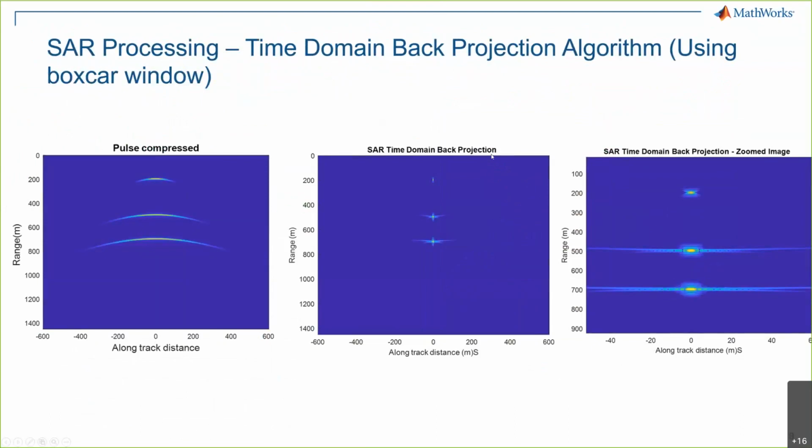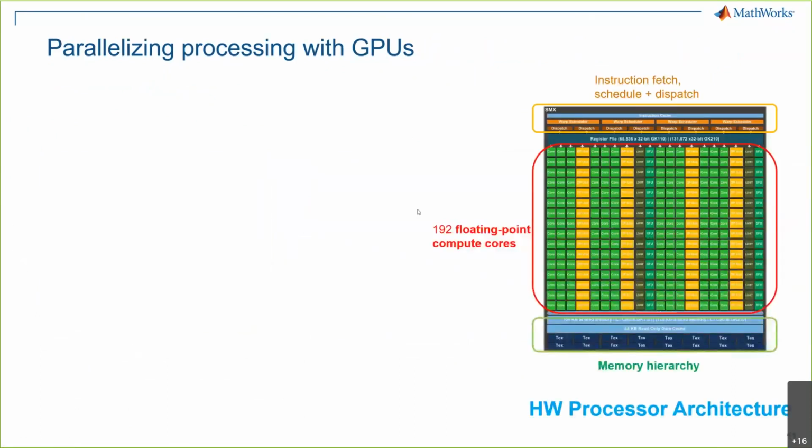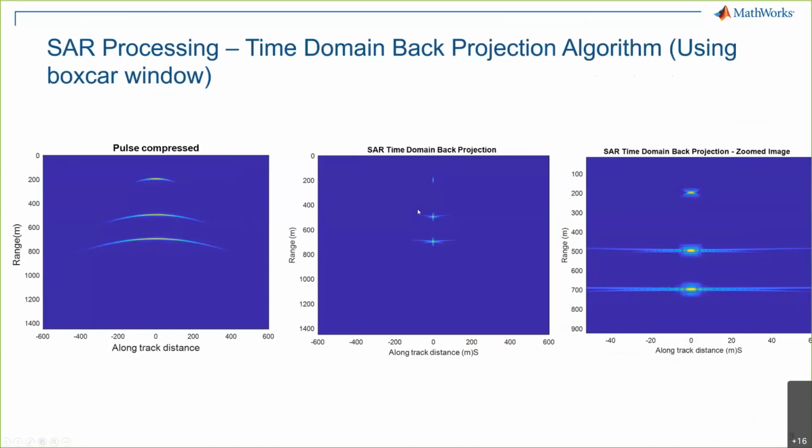Then I implement this time domain back projection, which is a ray tracing algorithm, to finally focus these parabolas into nice point targets with some side lobes. So that's a very standard algorithm, but we'll see that it's implemented using for loops, using FFTs, using exponential multiplications, and we'll see how we scale up in GPUs.